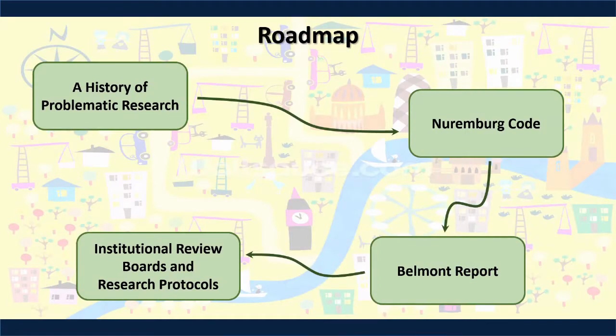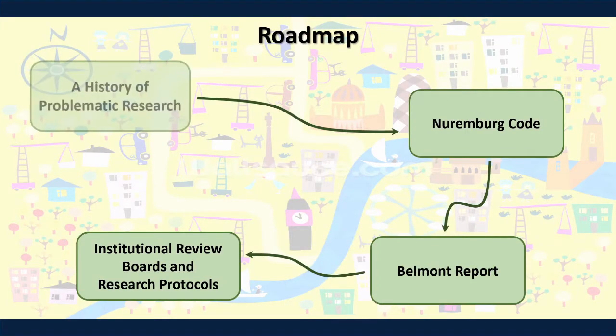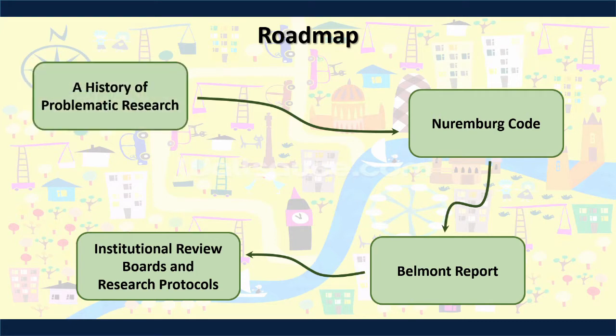For part 1 of our video, I wanted to begin with the roadmap and describe an entire history of problematic research. We begin by talking about experimentation on human subjects in Nazi Germany during World War II and the Holocaust. We then talk about the Nuremberg trials and the Nuremberg Code that resulted from these Nazi human experiments. We then turn our attention to several problematic modern-day research projects that happened as parts of colleges and universities.